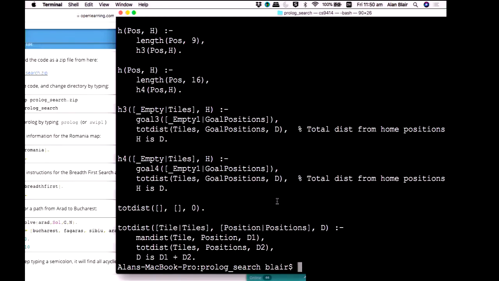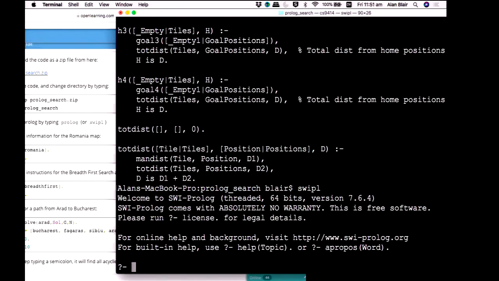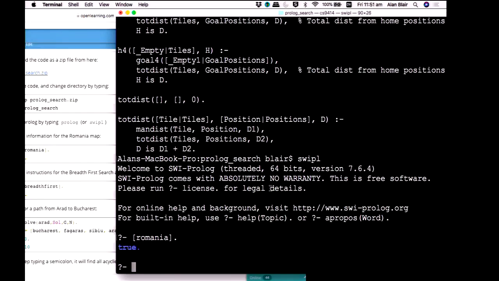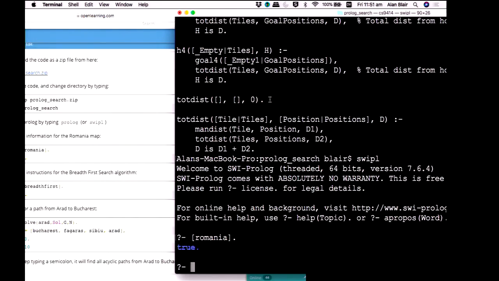And so if I run Prolog and type Romania, that means it'll load all the facts to do with Romania.